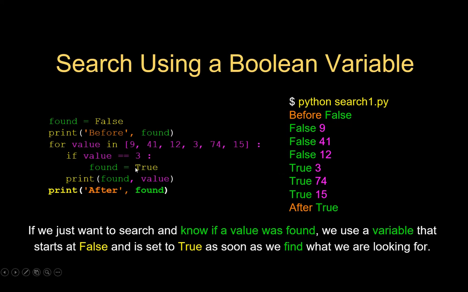In this case, we don't have any mechanism to revert the Boolean to false. So the Boolean is going to stay true, and we're going to have the next numbers in the set. After that, we're going to print it, which is going to show as after and true. Because we have a true, it means that we saw a certain number, which in this case was 3.